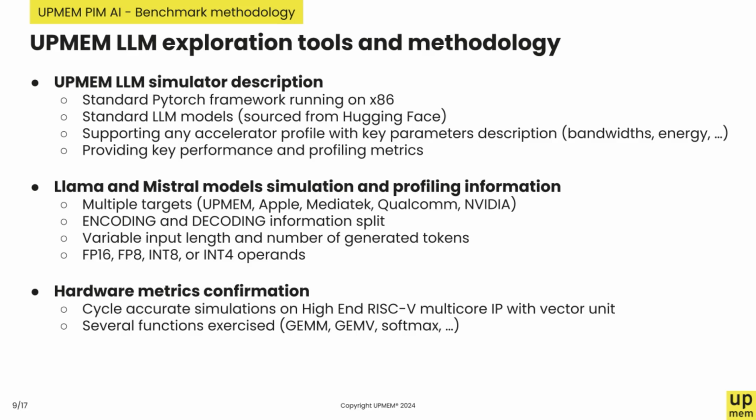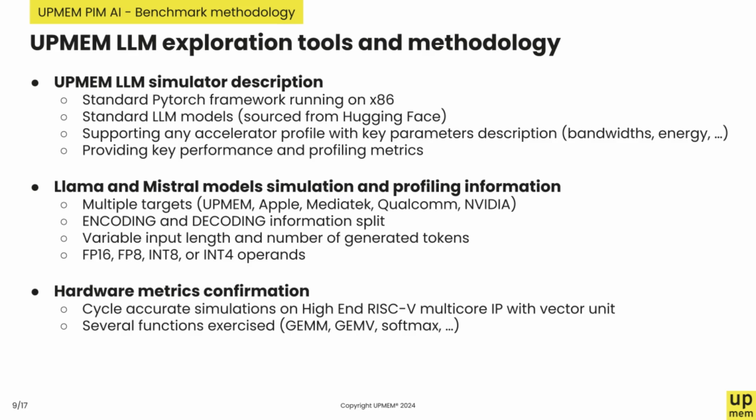The simulator is able to take an accelerator profile, which describes the hardware that the model is executed on. This accelerator profile has some key parameters, for instance the bandwidth, the compute capabilities, or the energy it takes to generate a result. At the end of the execution of the model, the simulator will output a lot of different metrics.